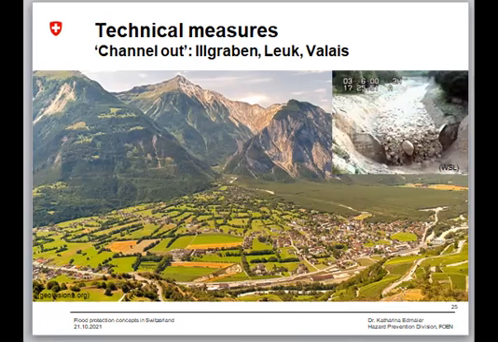The strategy for the Illgraben is now to allow only those debris flows to flow down the existing channel that can be discharged without damage within the existing channel capacity. Debris flow which exceeds the existing discharge capacity should be diverted onto the left in the undeveloped part of the alluvial cone.